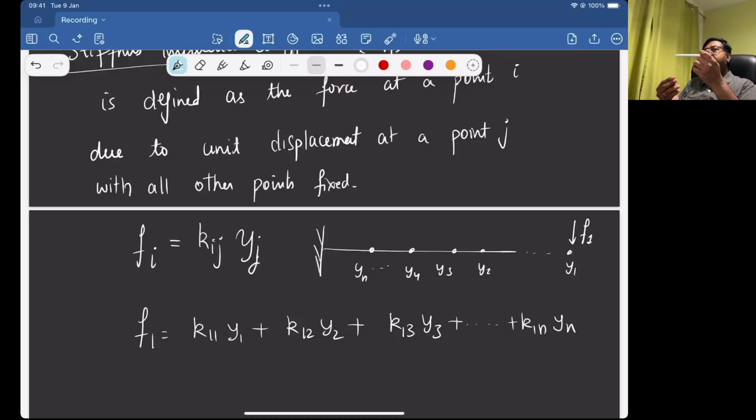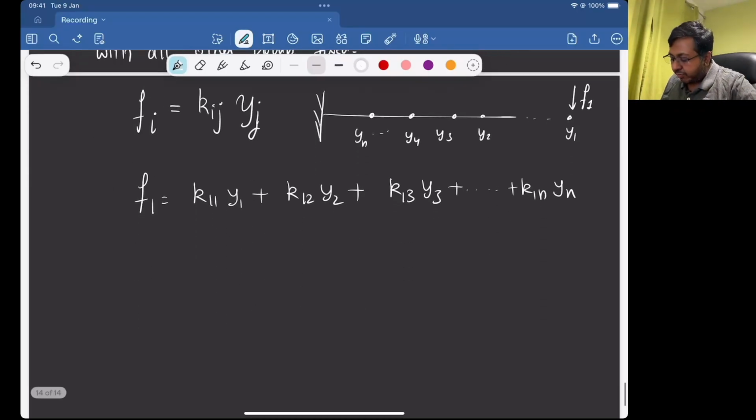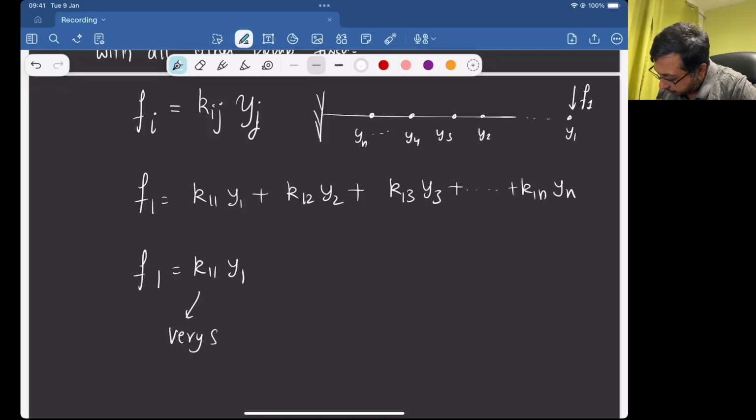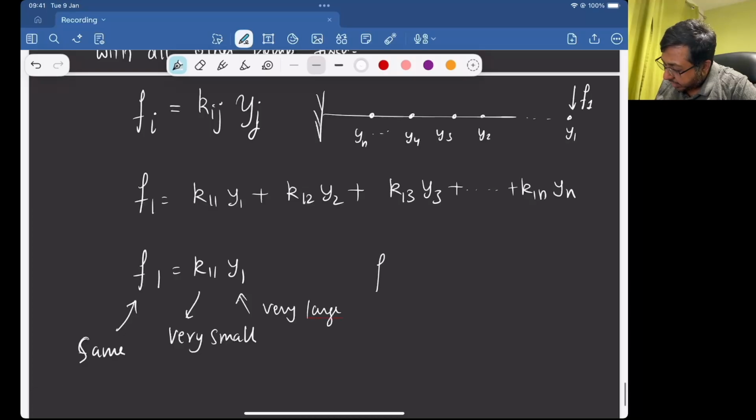So I have large displacement. Let's think of it this way. I have F1 equal to K11 into Y1. Let's take one term just to think about it. If this is very small, and let's say my force is the same, then this is going to be very large. Similarly, if the force is the same, and K11 into Y1, if K11 is very large, then Y1 is going to be very small.